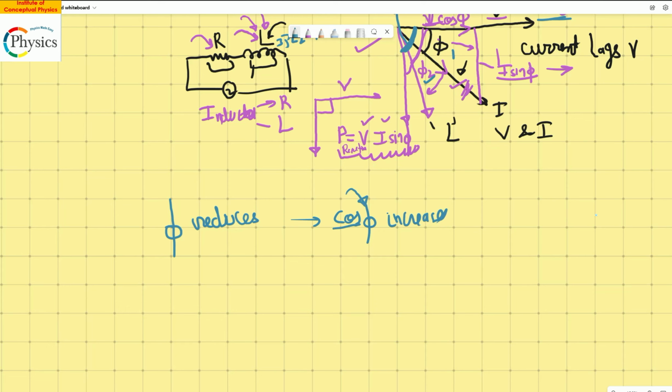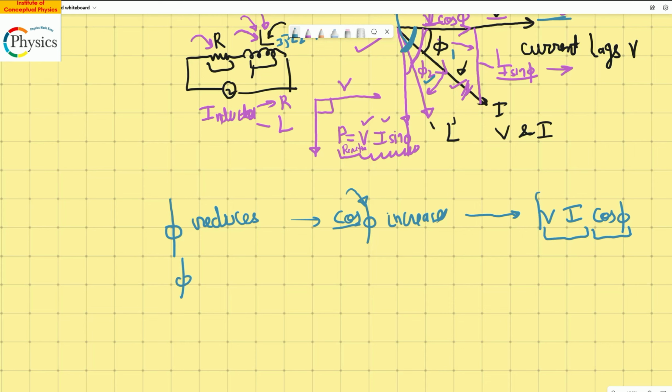The cosine value is highest for 0 degrees, right? So cos phi increases if phi reduces. And let's look into this. If cos phi increases, what happens next? The real power will go up, because real power has an expression which is VI cos phi, right? So if cos phi is higher, the real power is high. So this is your real power.